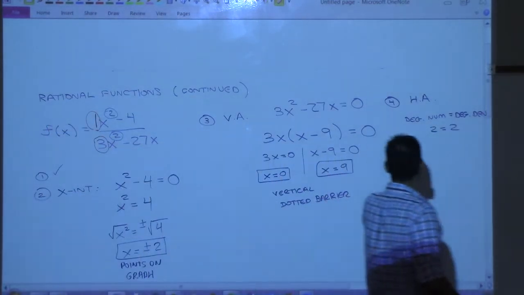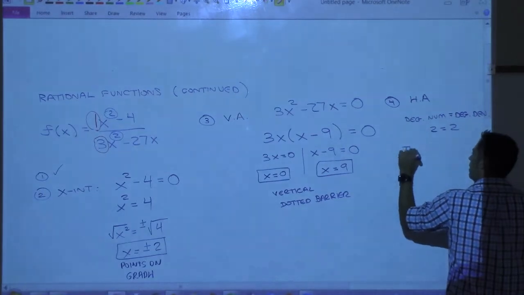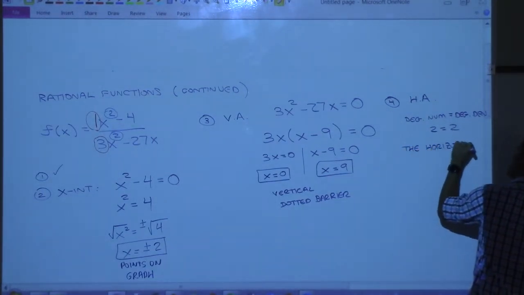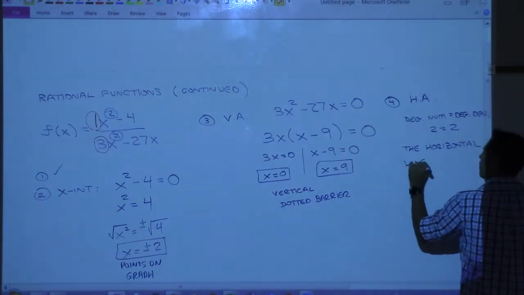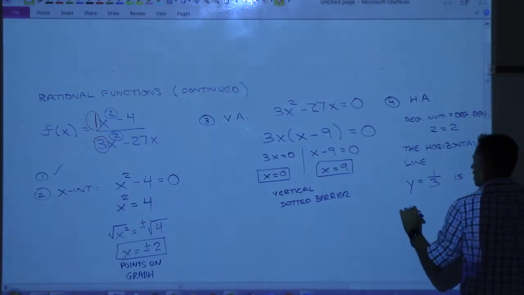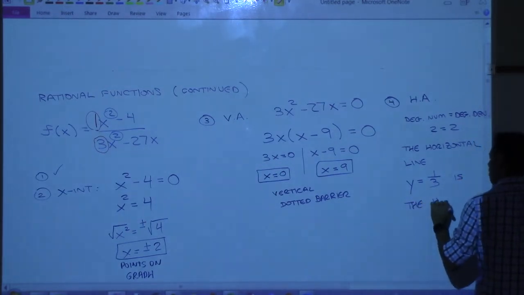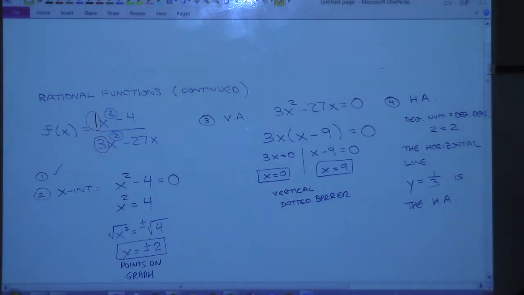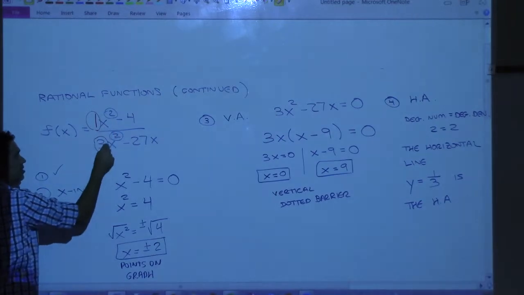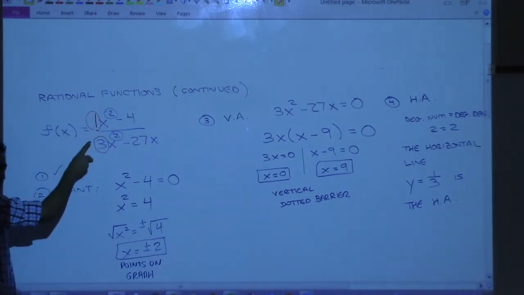So I'm going to put here the horizontal line, y equals 1/3 is the horizontal asymptote. This is weird. I understand this is weird. And this is the only time it happens, when these two are the same. So if this was like x cubed and x cubed, you would be doing the same thing, 1/3. All right?